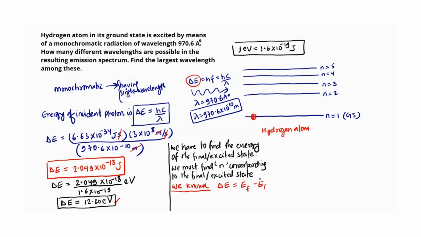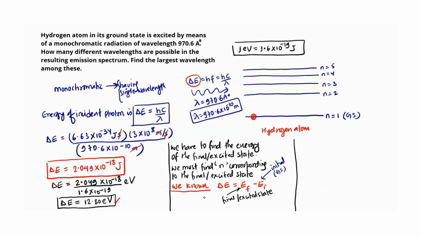What is EI? This is the energy corresponding to the initial or ground state. And what is EF? EF is the energy corresponding to the final or excited state.